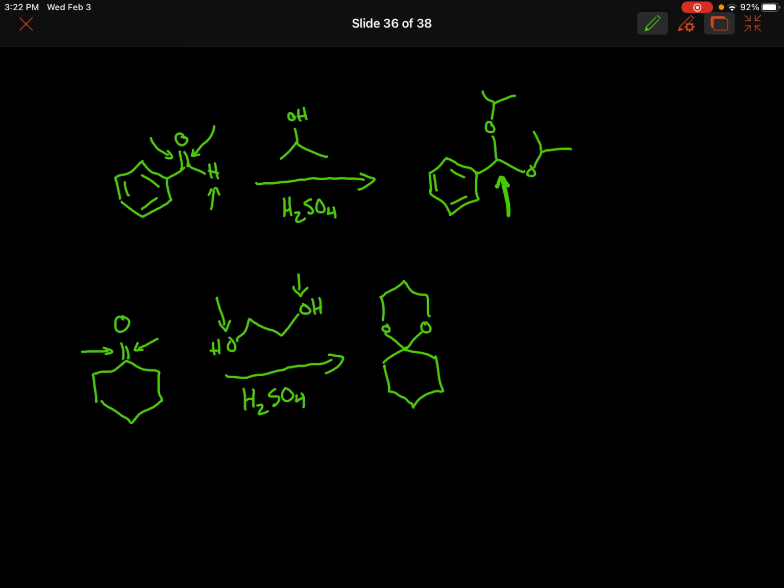Let's try one more together. What if we treated this aldehyde with that alcohol in the presence of H2SO4? So again, we have two OH groups on that alcohol.